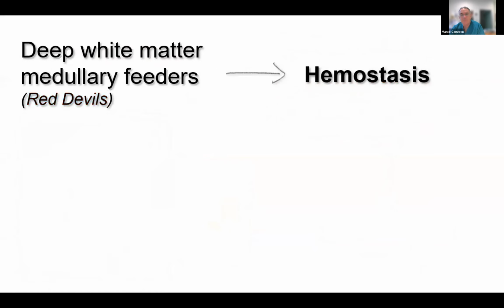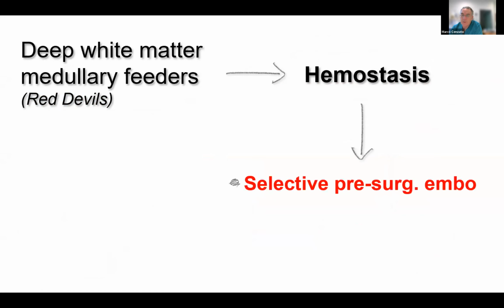And so the problem of dealing with these vessels is mainly hemostasis, but as we all know, in the last decades there was a high and very important evolution in endovascular devices.